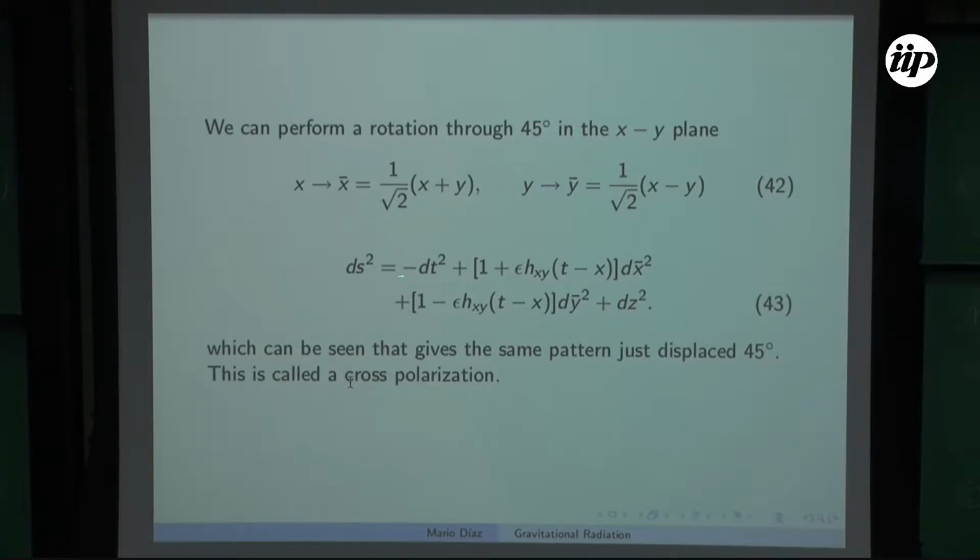And that means that the metric in these new coordinates is going to be given by this expression. And obviously what we're going to see is now the same pattern that we saw before, just displaced 45 degrees. This is called the cross polarization. So we have two relevant functions, and these are the two possible polarizations of the wave in general relativity.